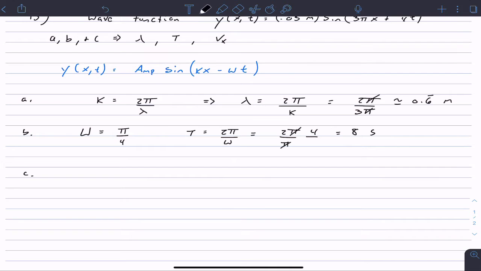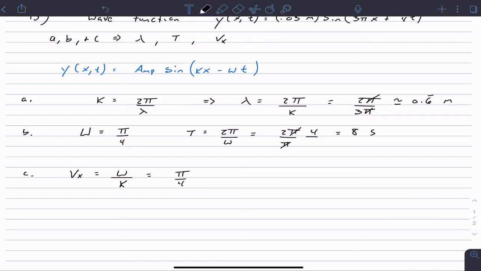Part C, we're asked to find the velocity, rather the speed of the wave, which we have as Vx. Vx is going to be equal to the angular speed over the wave number. And so now we know what both of these are. We could just plug them in analytically.